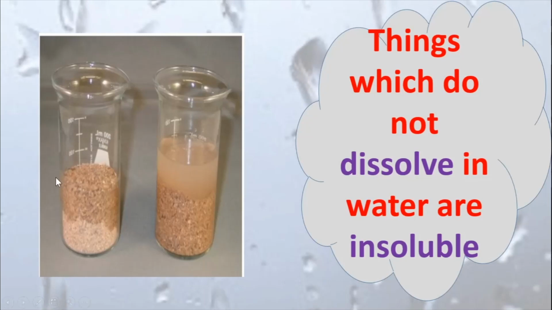For example, see here, in this glass jar there is sand. You poured water here on top of the sand. Now the water is separate and the sand is separate. Means the sand did not mix up with the water. Okay, so there are certain things which dissolve in water and certain things which do not dissolve in water.